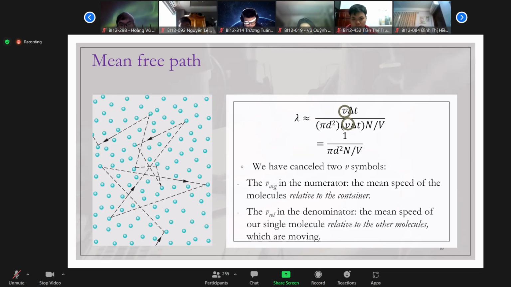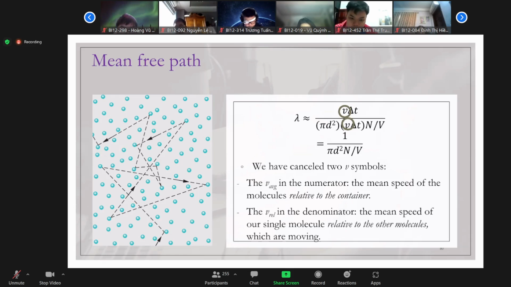Vận tốc tương đối giữa cái hạt mà chúng ta đang xem xét với cái vận tốc của cái hạt khác. Đó, bởi vì thằng khác nó cũng chuyển động. Thế thì lúc này thì ta sẽ có một cái vận tốc tương đối giữa hai hạt chuyển động với nhau. Đó, thì các bạn bắt đầu thấy là hai cái vận tốc này nó khác nhau khi mà chúng ta xem xét là tất cả các cái phân tử khác nó cũng chuyển động.